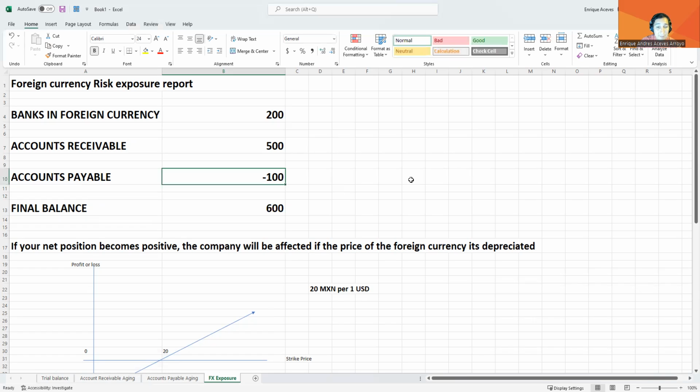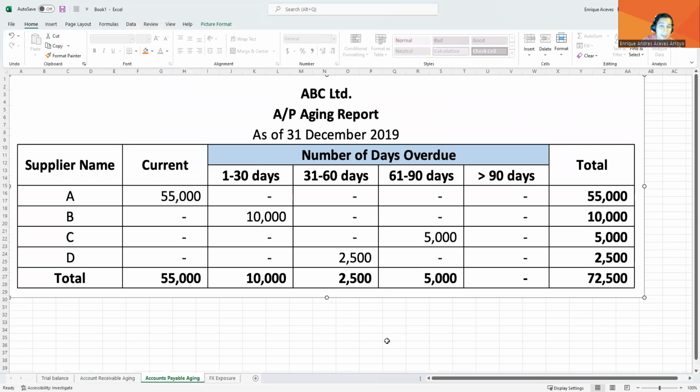The final step is to decrease those resources with the debts. And it's the same case as the account receivable. You have to go with accounts payable and accounts payable aging reporting to know the detail of the different suppliers that you owe, the ones that you have debts with.